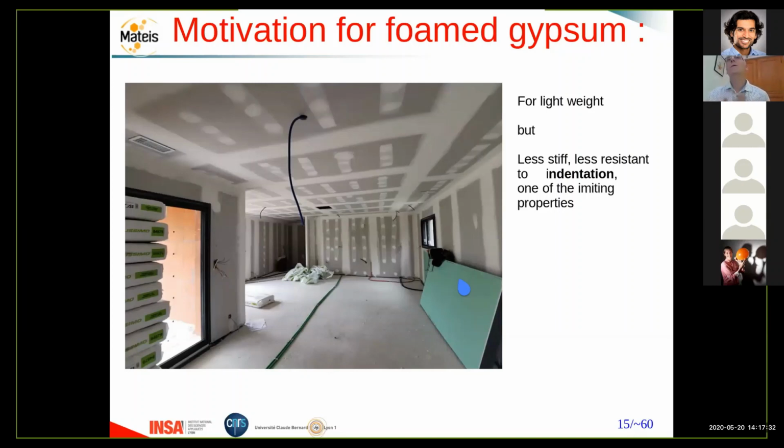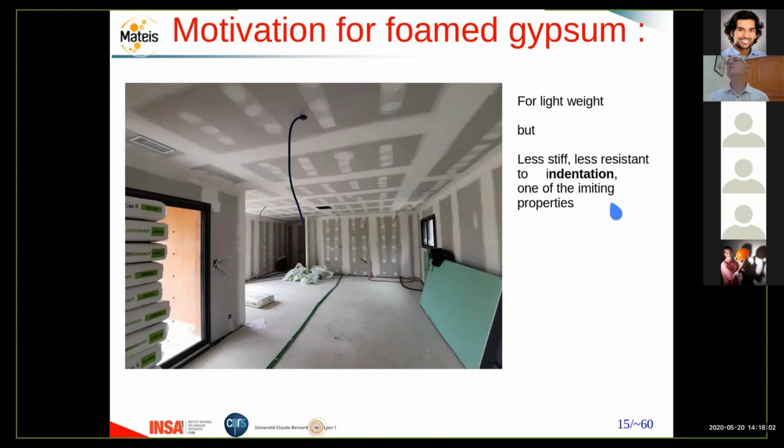So Saint-Gobain is trying to reduce the weight of these plasterboards by including bubbles in the standard plaster. So if you include air bubbles, you will obtain something which is light. The problem, it's going to be light, but it's also going to be less stiff, and especially what is a bit embarrassing, it's going to be less resistant to indentation.